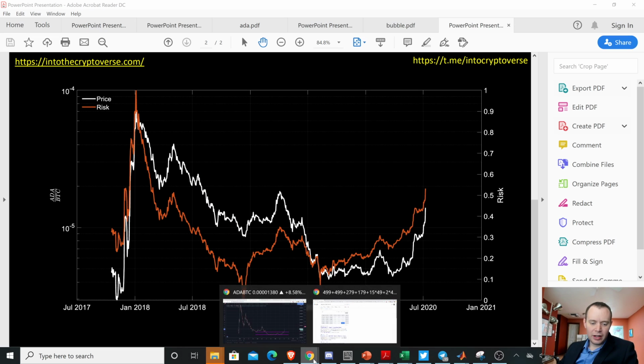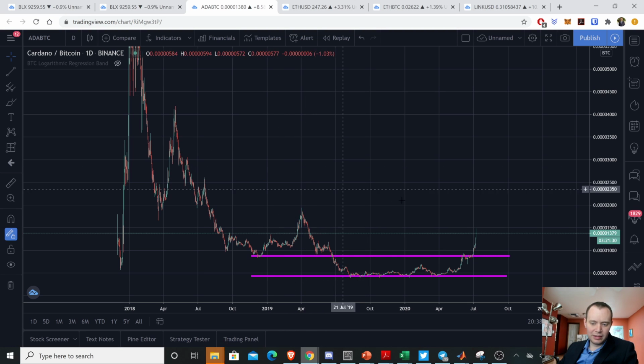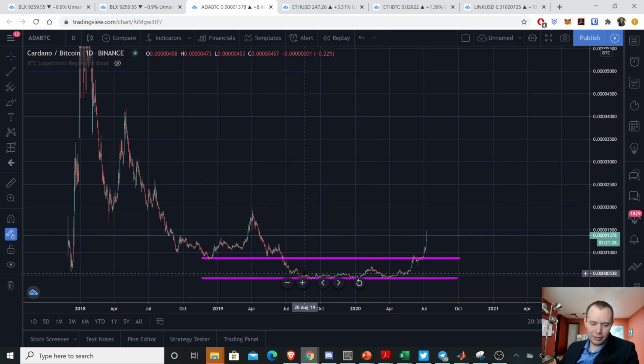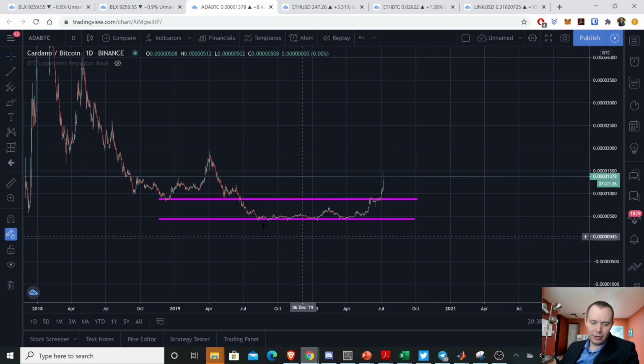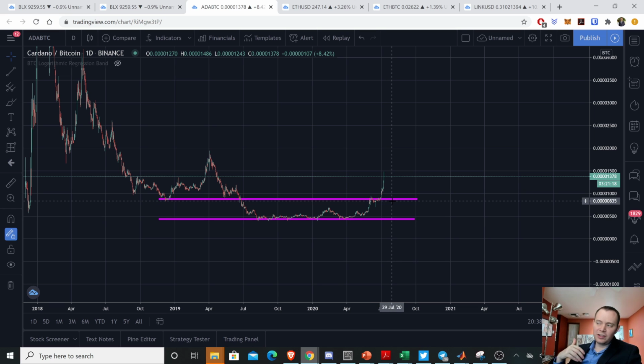I want to quickly just pull up the chart of ADA. So here it is. We talked about this for a long time. This was the region to buy ADA in. And I said a long time ago that I'll buy ADA up until 10 cents. Once we get to 10 cents, for me, the justification of purchasing it, not that I don't think it can go higher. I said I think it can go much higher. The justification is, well, we had so long.